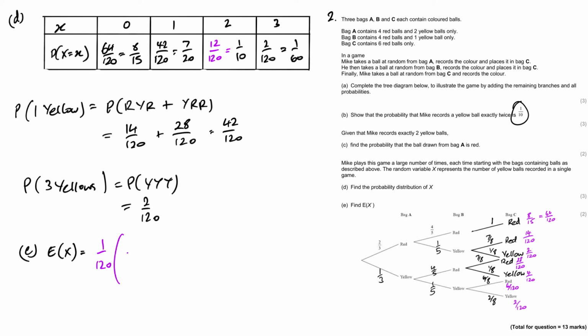and just do like 0 times 64 plus 1 times 42 plus 2 times 12 plus 3 times 2, and did it that way, and then you've just got 42, 24 and 6, so 30, 72.